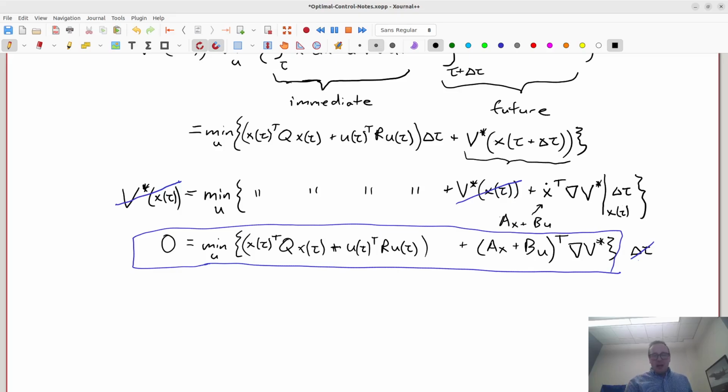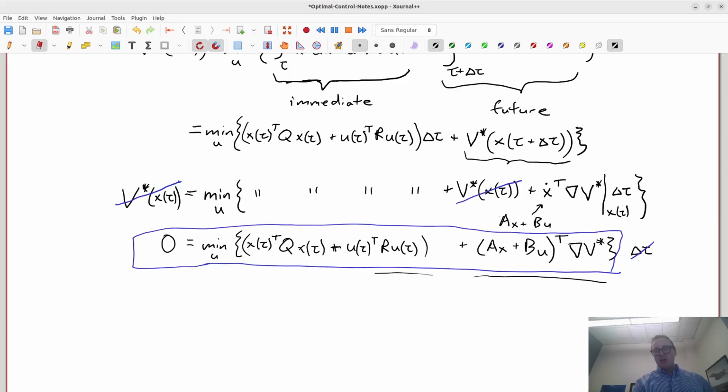And this defines what our U has to be in order to take optimal actions that both take into account the immediate reward from taking that U, and also take into account how that U, that control input, is going to change the state to change the value at the future time.